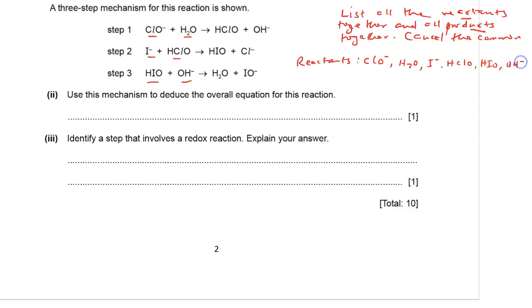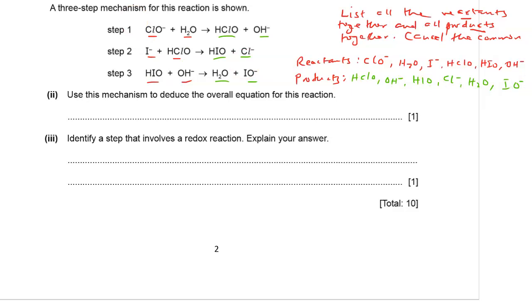All those are reactants. Let's list the products on the other end. I'll list here HOCl, I have OH ions, HIO, we have chloride ion there, we have water, and ion.